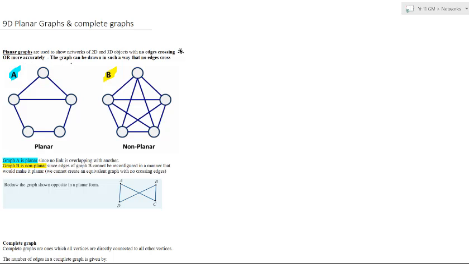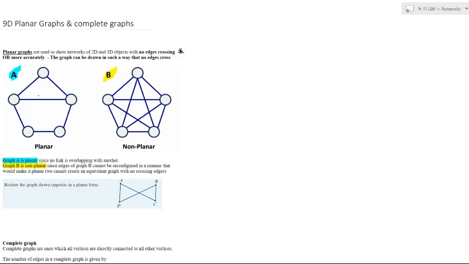More accurately, the graph can be drawn in such a way that no edges cross. So if you have a thing here, like down here, you see the edges are crossing. This is actually a planar graph because you can redraw it so that no edges cross. We'll do that in a moment.